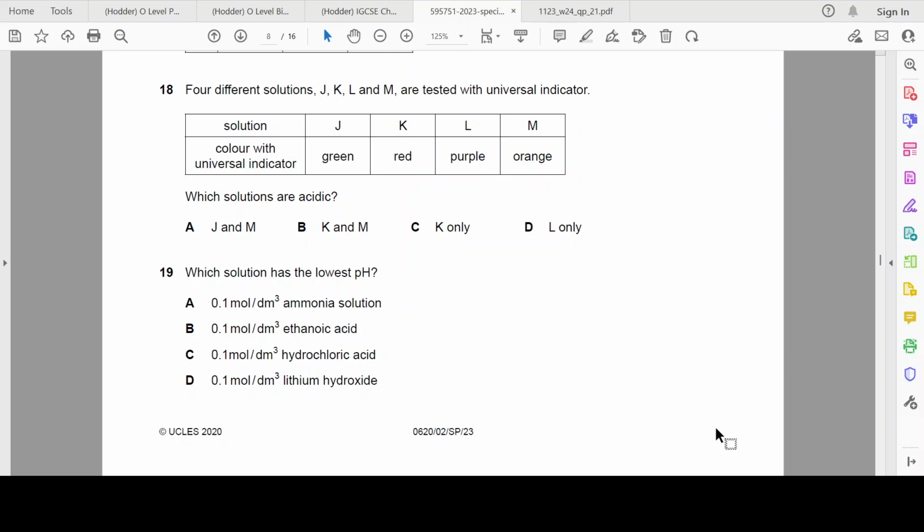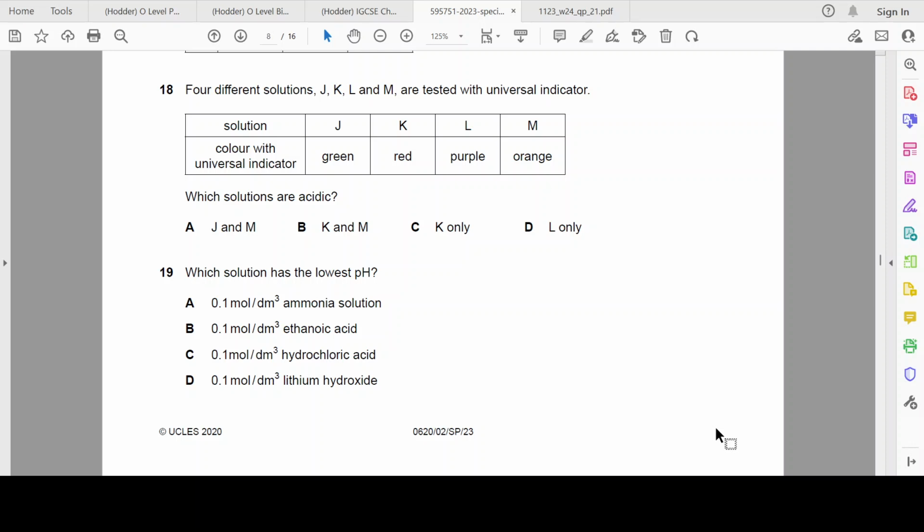Lithium hydroxide is a strong base. Yes, low pH meaning the lower numbers, and the lower numbers are acidic, right?